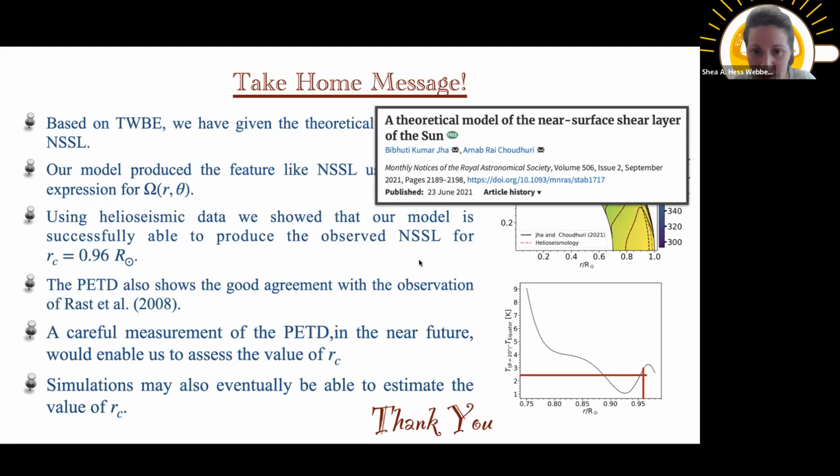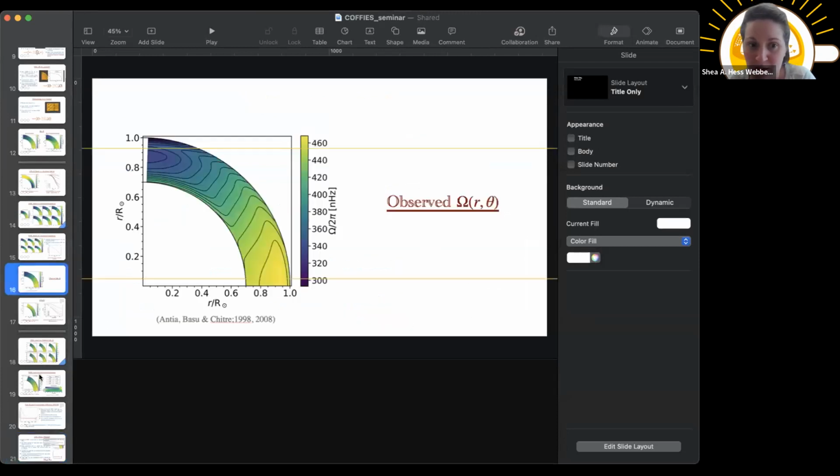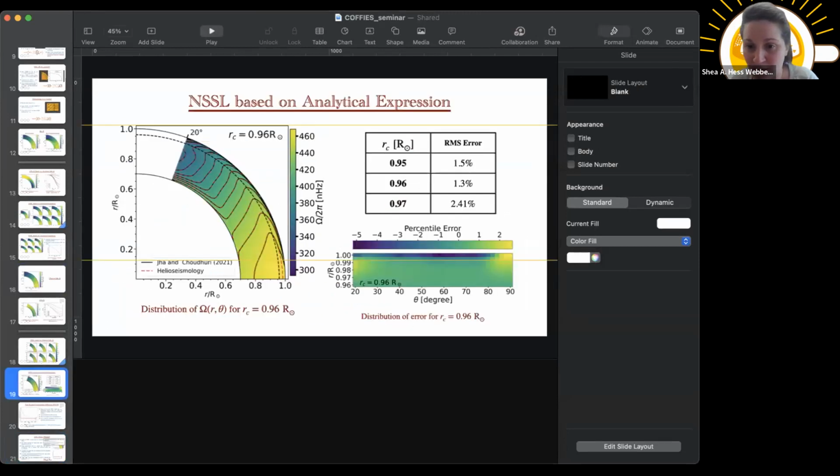But can you explain why there's that discrepancy towards the equator, where presumably the helioseismology information is more reliable? Is there another R crit that matches better at the equator, but maybe not so well at the higher latitudes, or something along those lines?